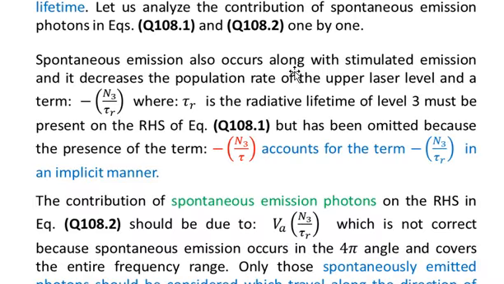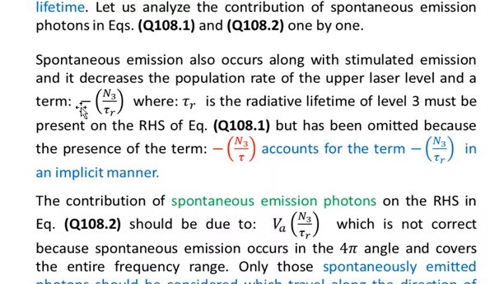Spontaneous emission also occurs along with stimulated emission, and it decreases the population of the upper laser level. In the term minus N3 over tau r, the negative sign shows that the population of level N3 will decrease due to spontaneous emission, and tau r is the radiative lifetime of level number 3.